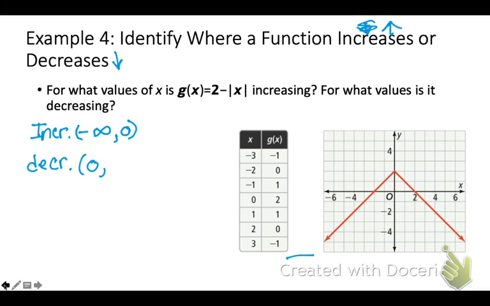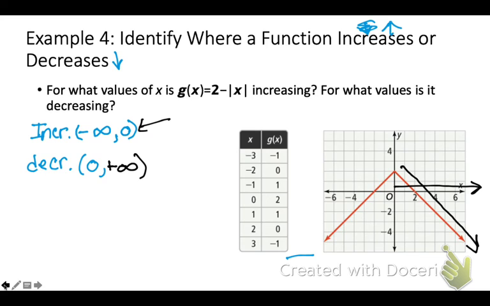As my x's go out to positive infinity, what are my y's doing? Decreasing. Does that make sense? Okay, so from 0 to positive infinity, it is what? Decreasing.